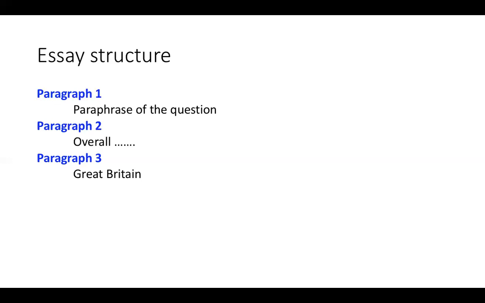So that key feature that we mentioned about Great Britain overall being the highest throughout the period, this is where I would talk about this in a lot more detail using the data. And then in paragraph 4, I would put together Sweden, France, and Canada and talk about the other 3 key features in this one paragraph.